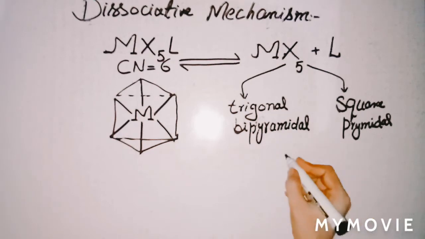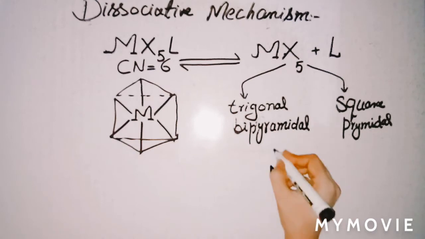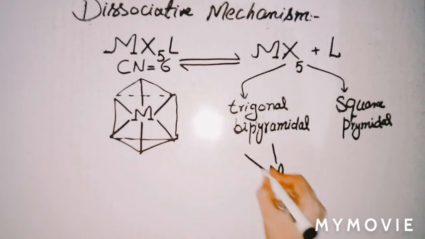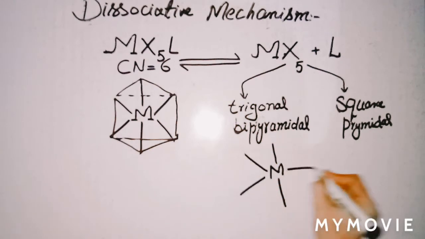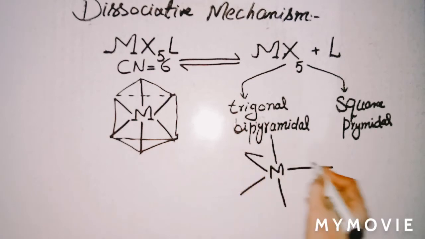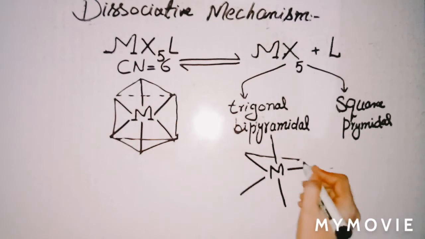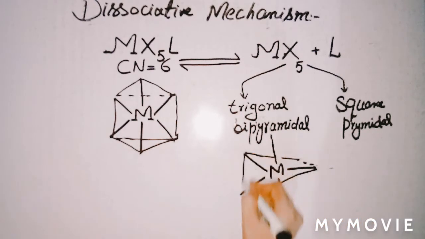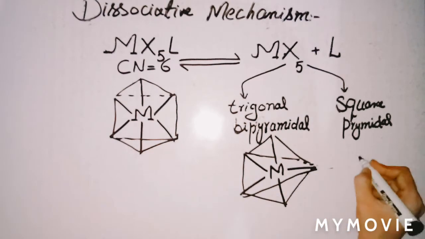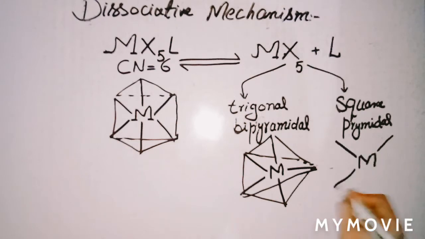This can be drawn as trigonal bipyramidal, and this is square pyramidal.